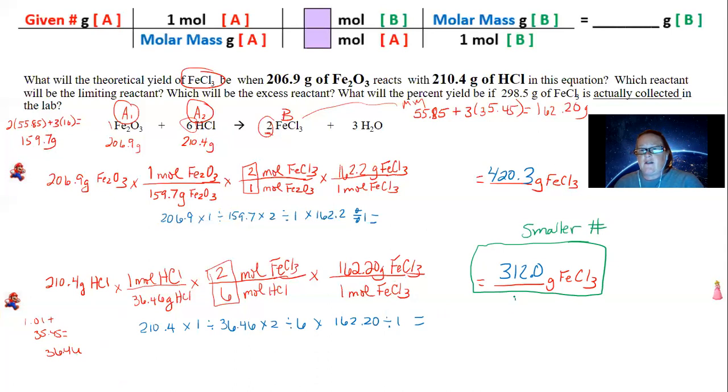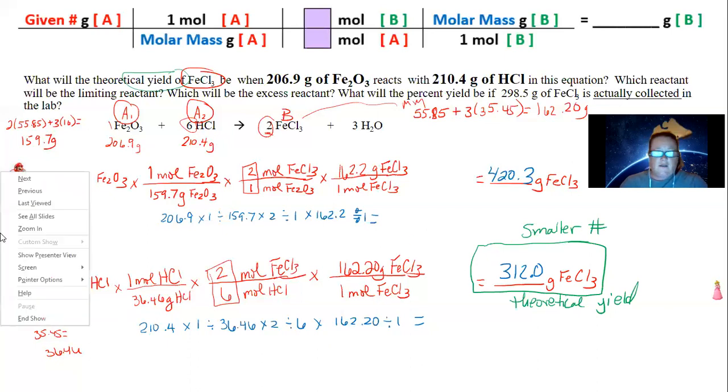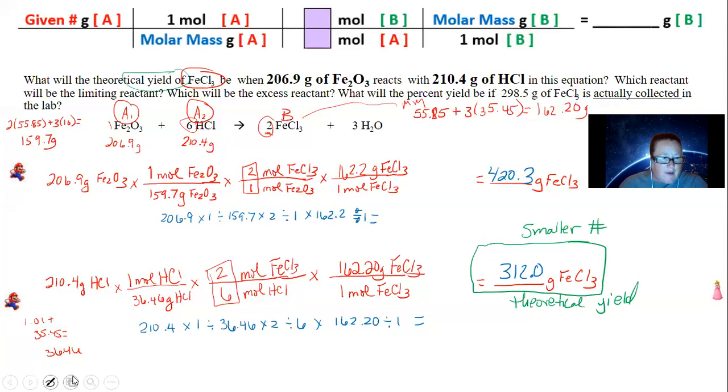So this is the answer. This is the theoretical yield. And that answers the first question. What will the theoretical yield be when we combine these two amounts of our reactants? Now, whichever substance gives us the theoretical yield, this HCl here, is the limiting reactant.